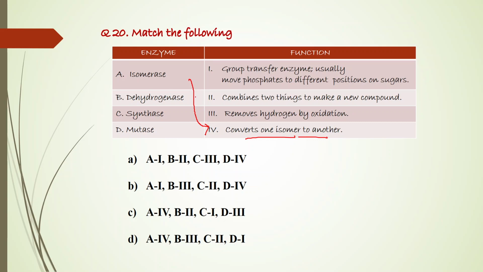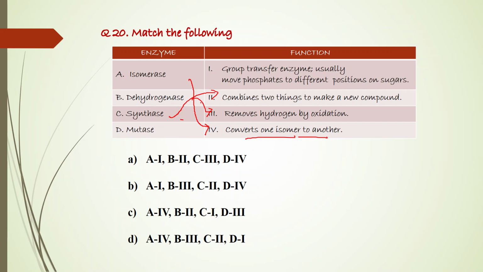So dehydrogenase should match with function 3. Next one is synthase. What does a synthase do? From the name itself you again know. Synthase will combine 2 things to make a new compound. Basically it will synthesize a new compound. So enzyme C matches with function 2.